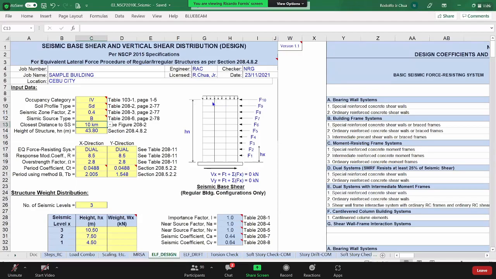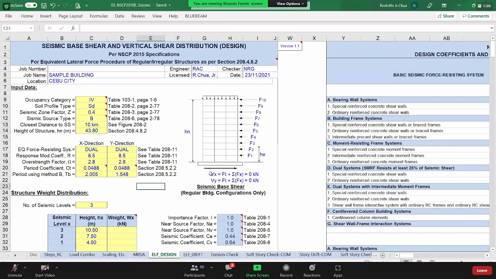So in order to simulate or capture that displacement, we also consider a force on top of the building as the largest force. Meaning the force increases so that the lateral displacement of the building will behave in the same manner as the actual performance or behavior of the building when there is an earthquake.